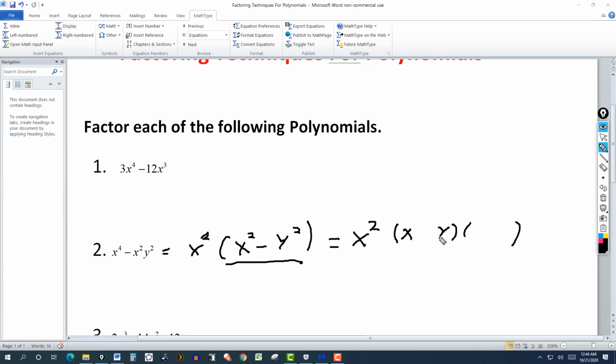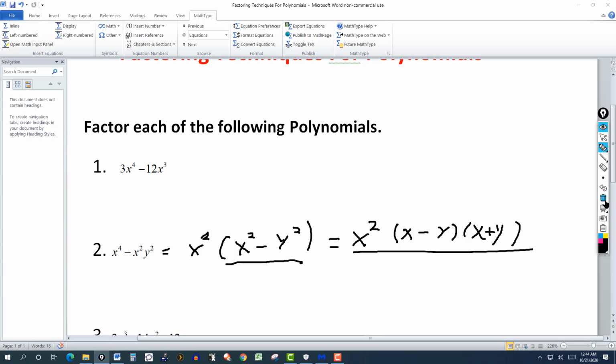So again, anytime you have the difference of two squares, it's always going to factor into the sum and difference, or the difference and the sum, of the square roots. Okay, so again, if you multiply this, x times x is x squared, minus y times y is minus y squared, and then if I multiply these here, that's minus xy, and these over here is xy. Those cancel out, so I get back the difference of the squares, x squared minus y squared. So this is the complete factorization.